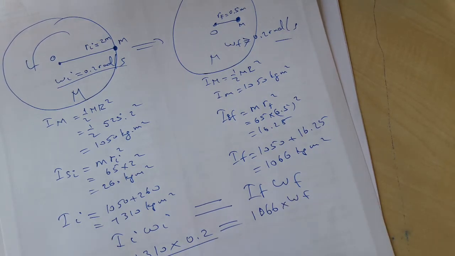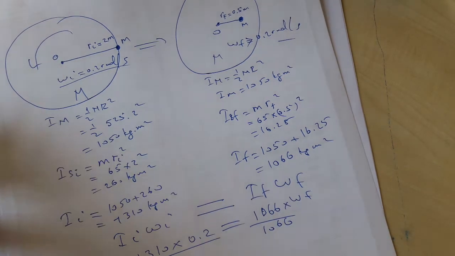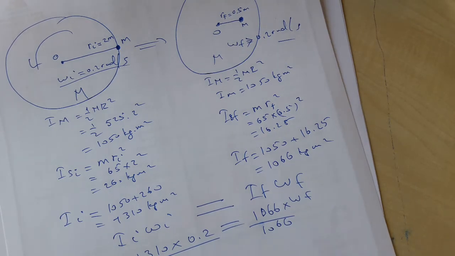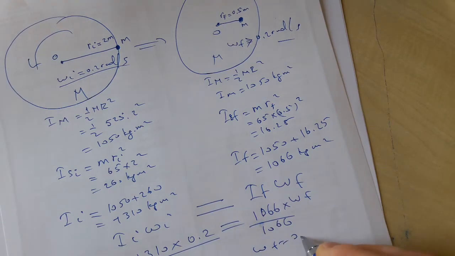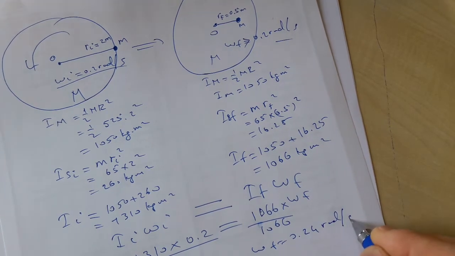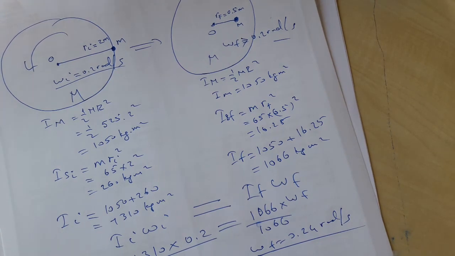Now divide by 1066 and you will find the final angular speed: 1310 multiplied by 0.2 divided by 1066. So the answer becomes 0.24, omega final becomes 0.24 radian per second. So this is the answer to the question.